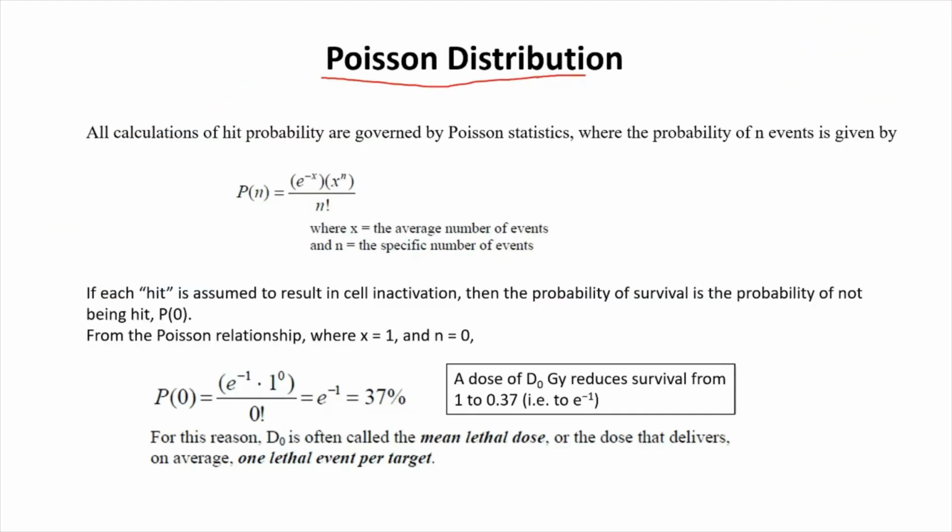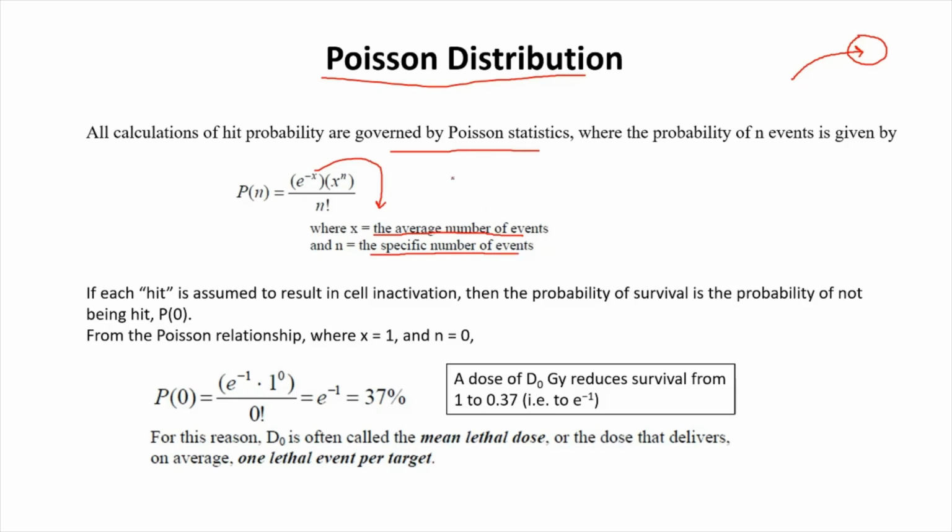Now all the calculations for this target theory, that is the hit probability, are governed by statistics, because the probability that a given particle will hit the specified target is quite low, and that's why we need to rely on it, where the probability of n events is given by P of n equals e to the power minus x into x to the power n by factorial n, where x is the average number of events and n is the specific number of events.